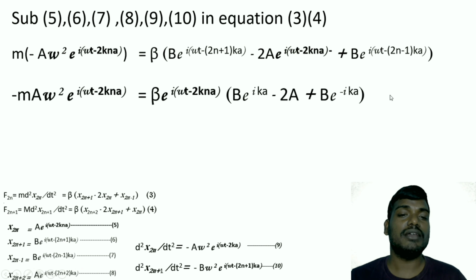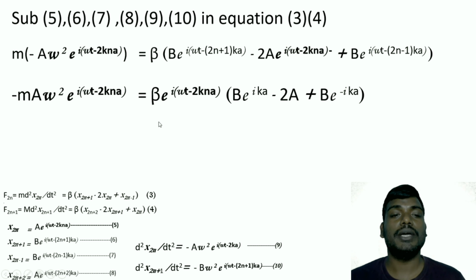Simplifying the above equation, we take common β e^{i(ωt − nKa)}. Then the remaining value is B e^{iKa} − 2A + β B e^{iKa}.